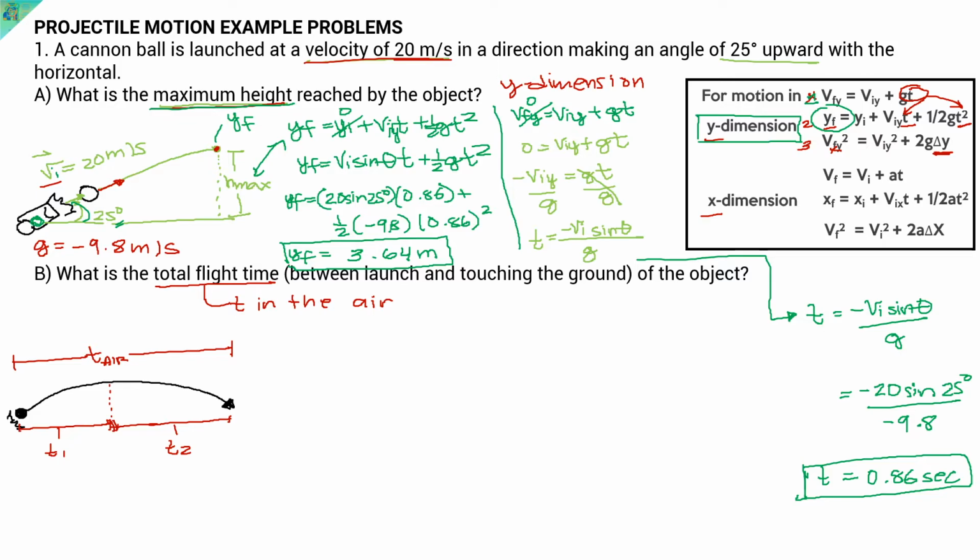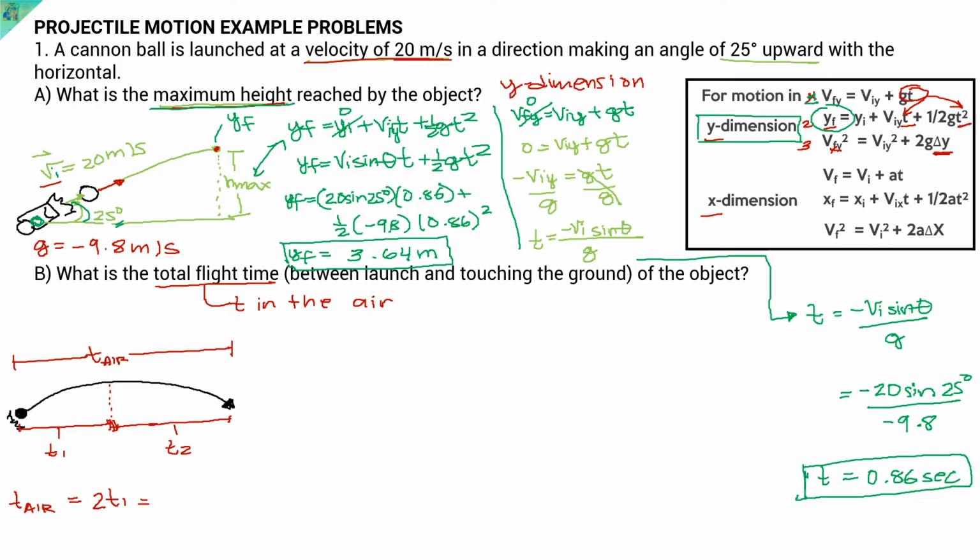First, the velocities equalize each other. Plus, we have the same acceleration due to gravity. For short, time in the air can also be equal to 2 T1. Which means we just double T1, then we're going to have the time in the air.